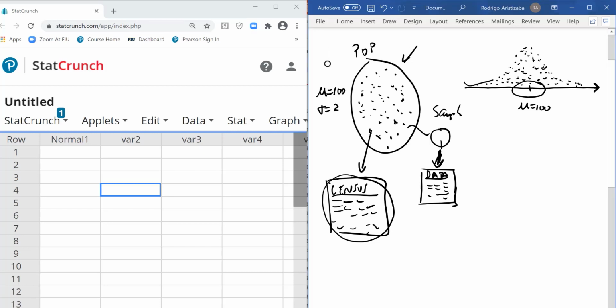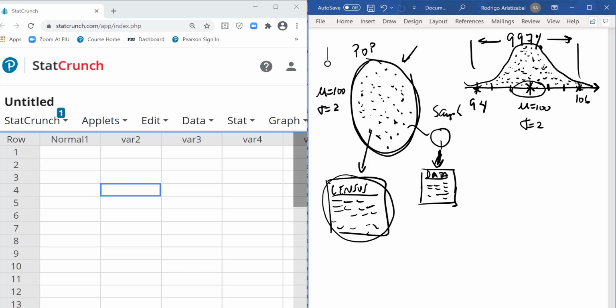This is a bell-shaped distribution, and according to the empirical rule, within 3 standard deviations to the right and 3 standard deviations to the left of the mean, exactly 106 and 94, between these 2 points, we have approximately 99.7% of all measurements of this population, all of these numbers.